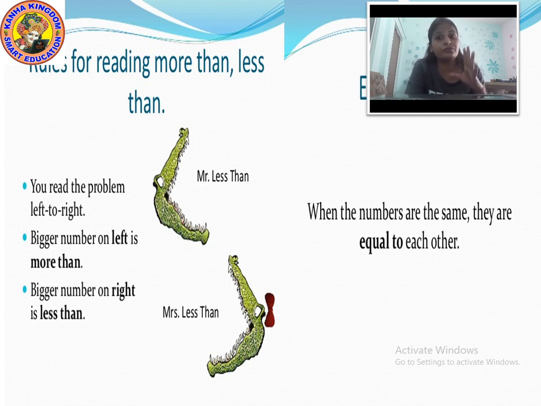If we are comparing two numbers and the bigger number is on the left side, that is more than. And the bigger number on the right is less than.